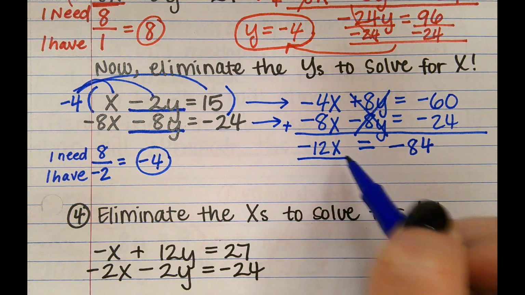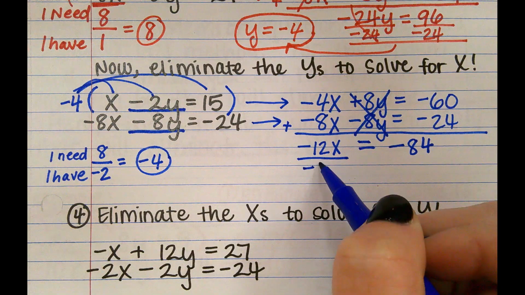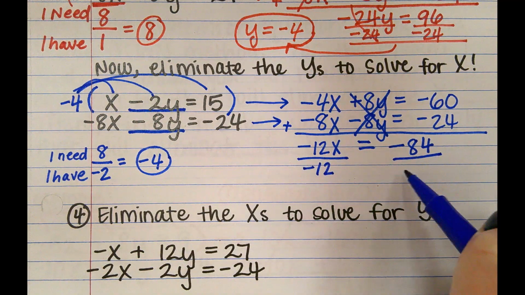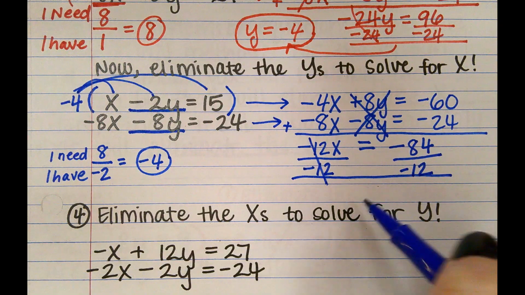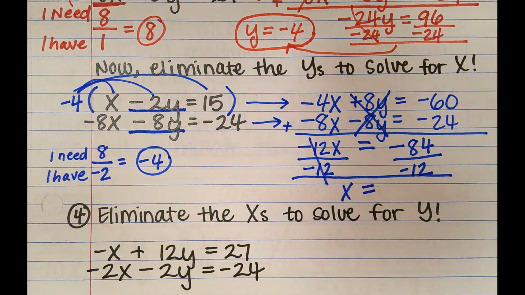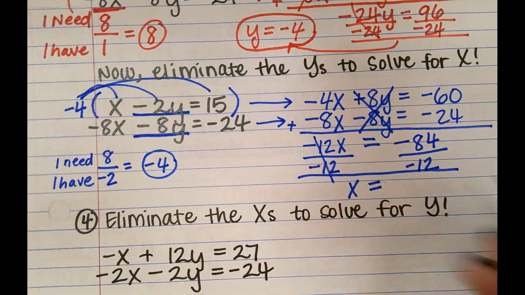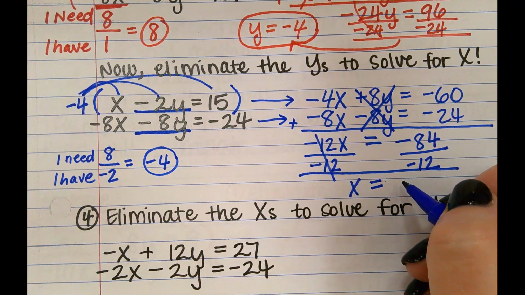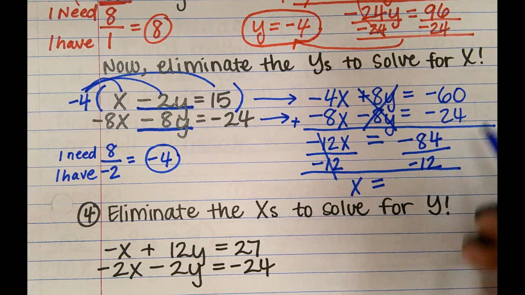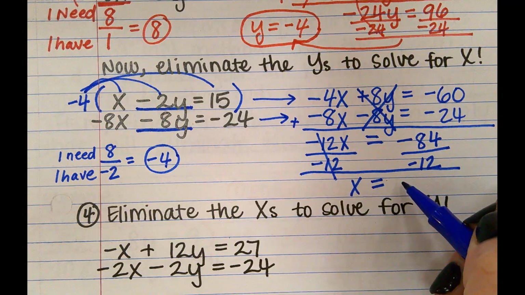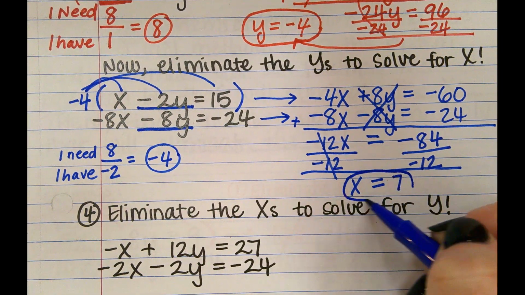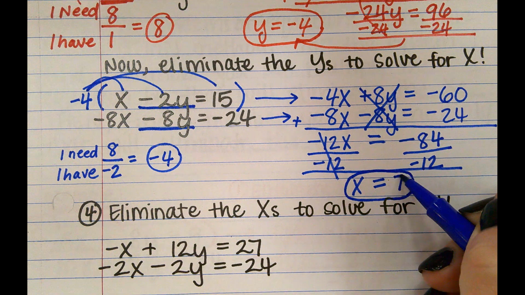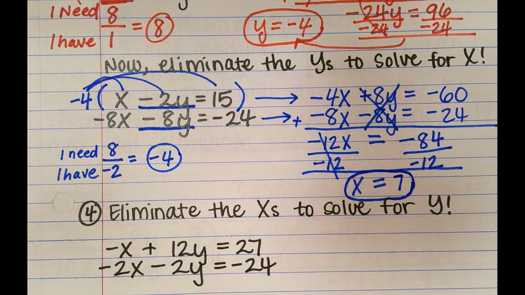Good. And we'll get x equals... I got 7. Good. X equals 7. Perfect.